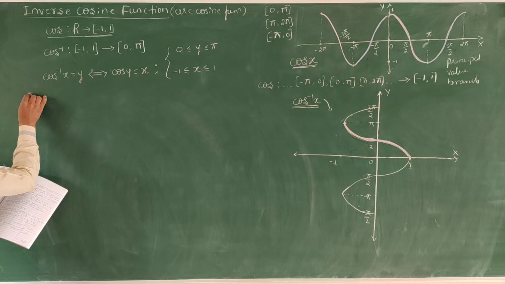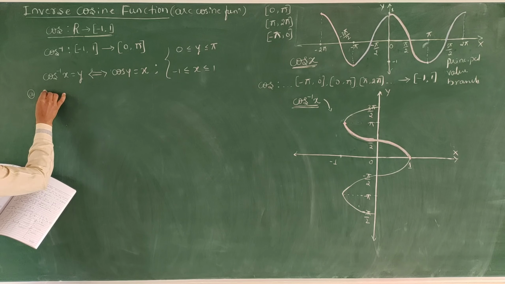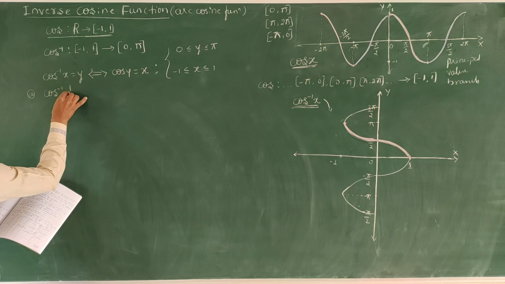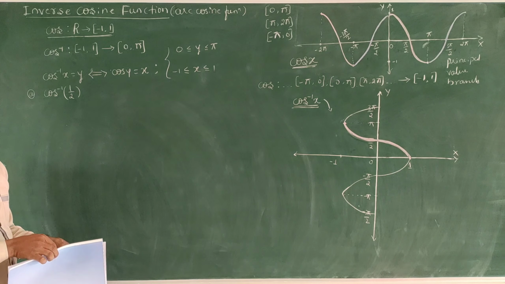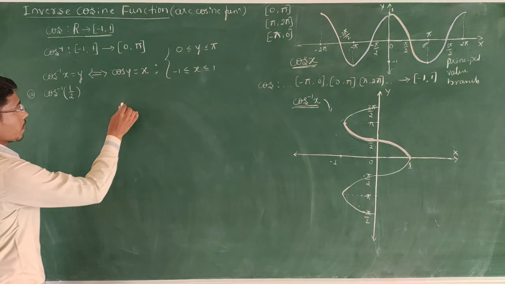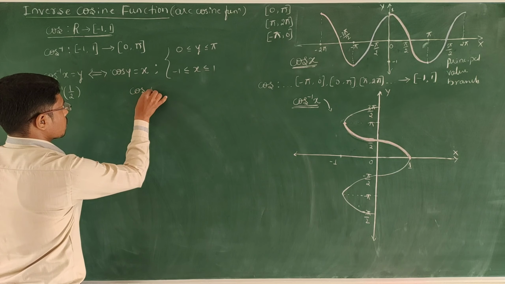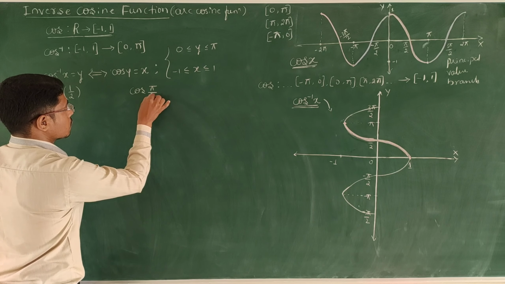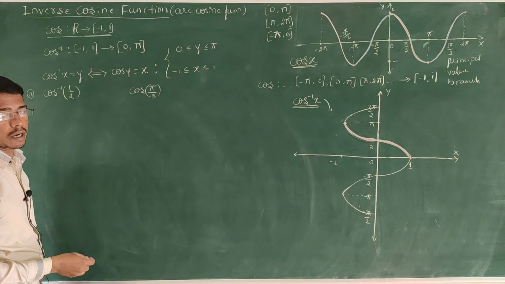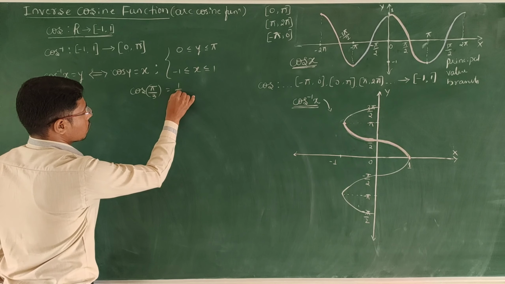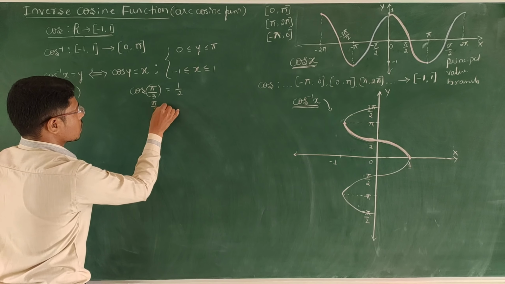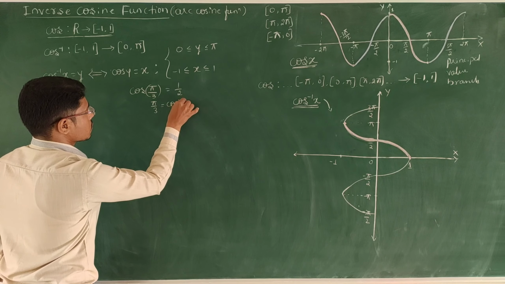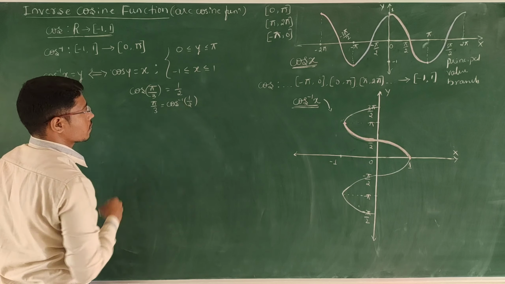Example number 1, a: cos inverse of 1 by 2. Cos is 1 by 2 when the angle is pi divided by 3, since cos 60 is 1 by 2. Taking cos to this side, pi divided by 3 equals cos inverse of 1 divided by 2.